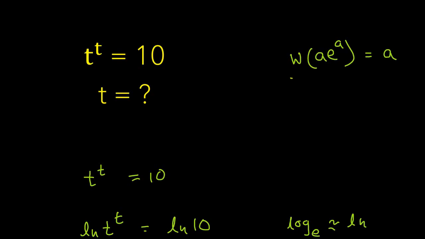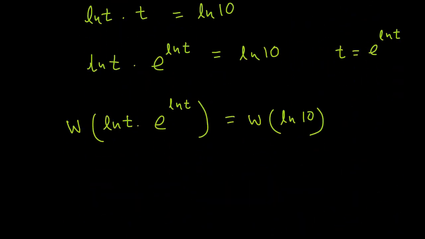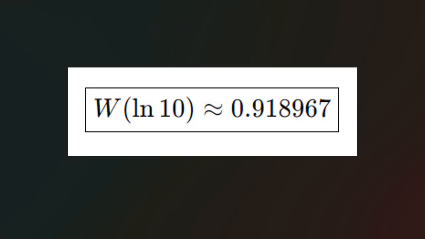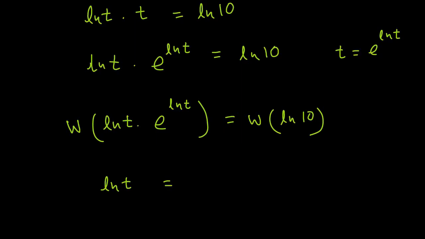So if we use this rule here, from W of ln t times e to the power ln t we get ln t equals the result of W of ln 10, which is 0.918.